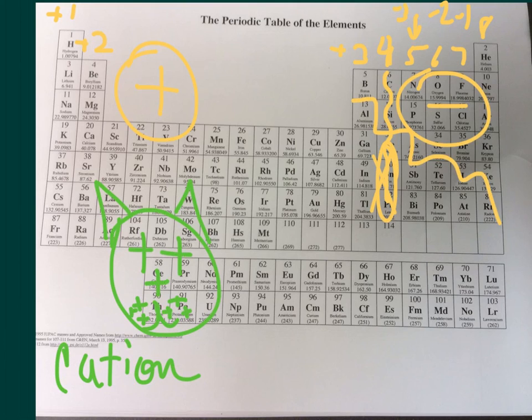So if you are positive, you are a cation. And if you are negative, you're an anion. Metals form cations. Metals are givers. Metals are positive. Non-metals are anions. They're negative and they're takers.